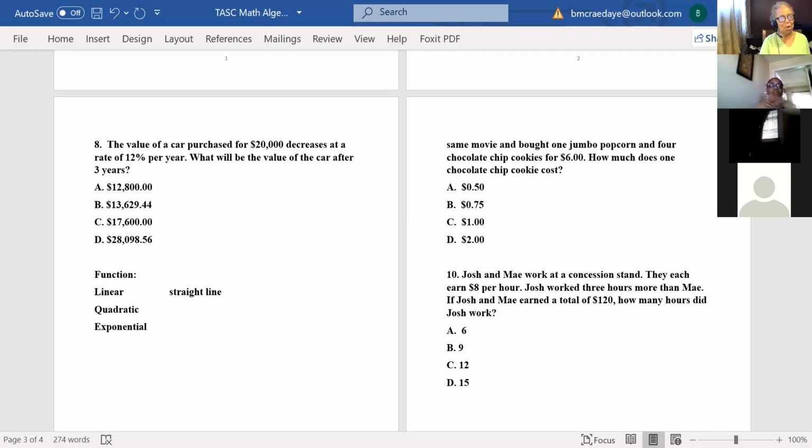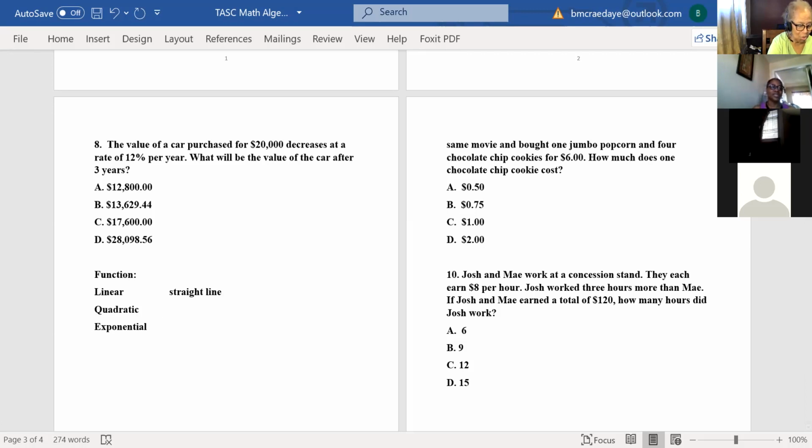What do you get with a quadratic? It comes with a curve, either turned up or turned down. Well, it looks like a U, right?